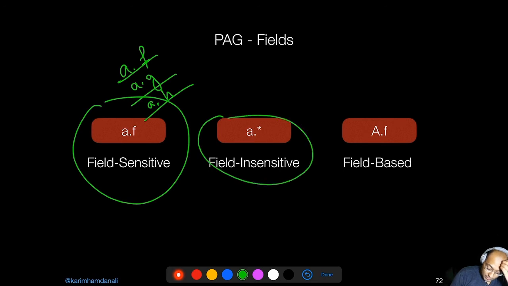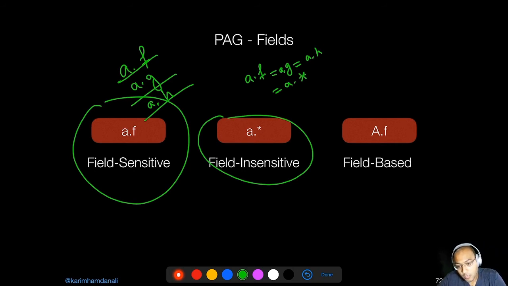On the other hand, field insensitive will just say A.F to me is the same as A.G, the same as A.H, the same as A.anything. Any field I'm accessing in A is going to be treated the same. I don't care what the field is, I only care that it is a field access. So this is called field insensitive.